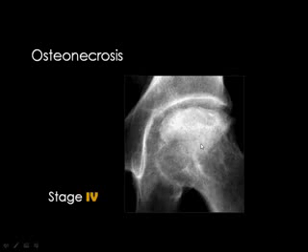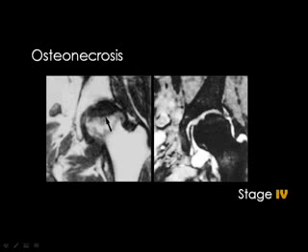And this is actually stage 4 because of the collapse of the femoral head, sclerotic areas, and areas of bone rarefaction. In this case, there is no need to assess this hip by MRI, but you should do an MRI for the opposite, apparently normal hip, because avascular necrosis is usually bilateral, and it may be stage 4 on one side and stage 2 on the opposite side.